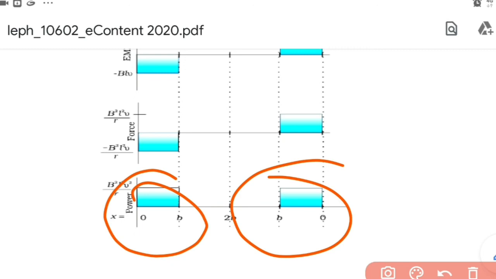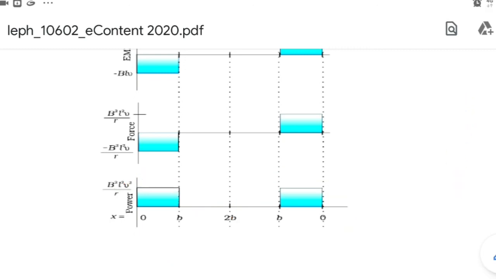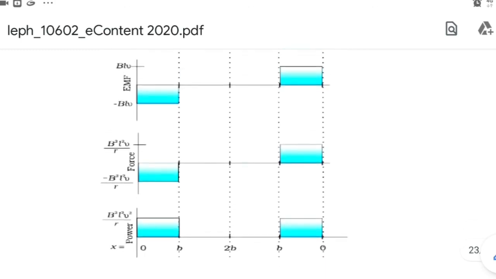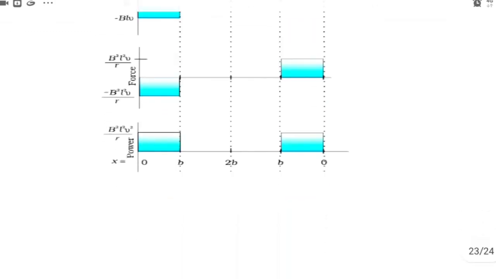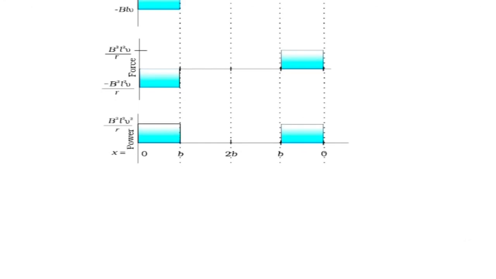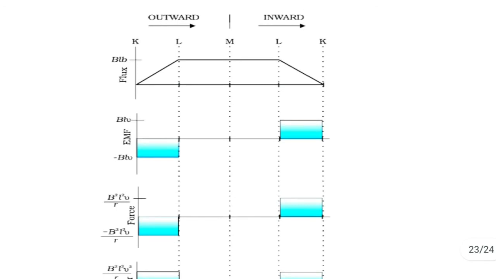In the other graphs, you can see the change in direction or the change in quadrant, as per the direction of induced EMF. Here, since we have the I square term, it remains the same. This is a point to be noted.